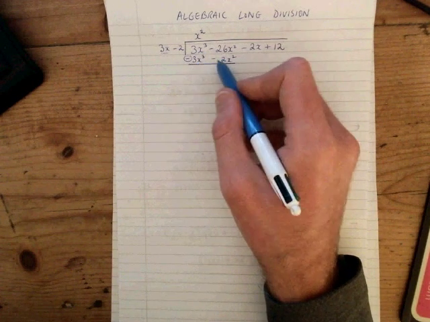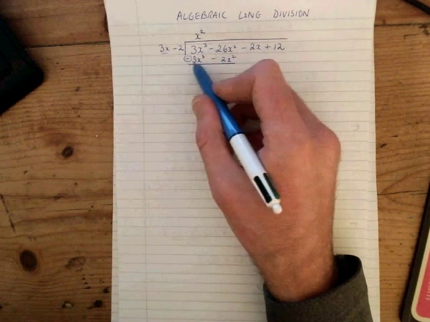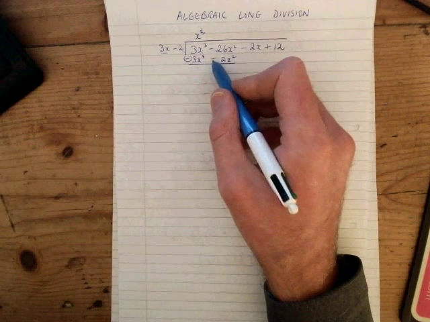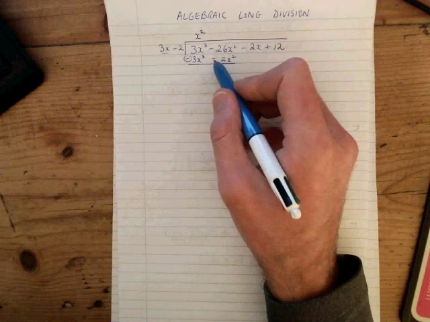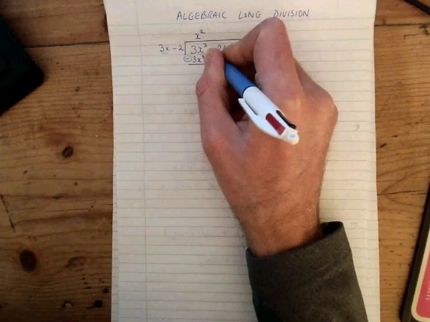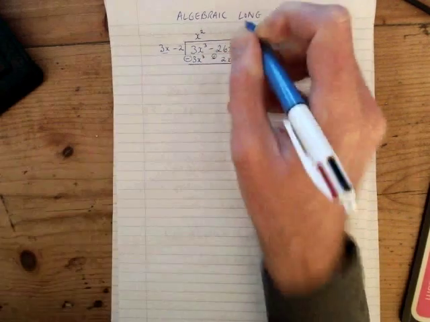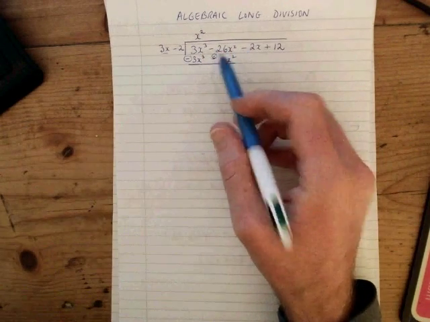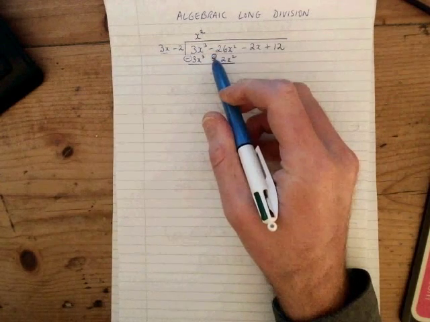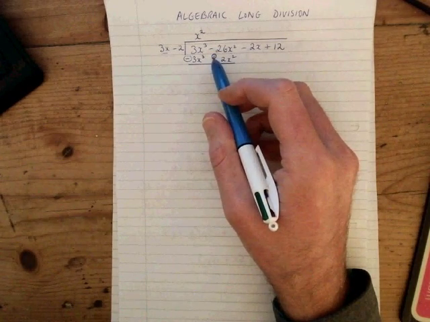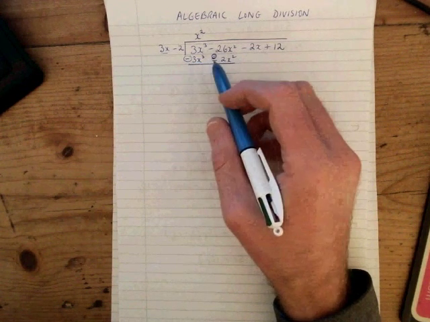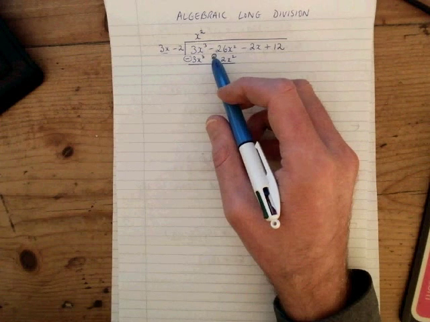But we have to do the same to both parts of this. If I take away minus 2x squared, minus minus would be a plus, so I'm going to put that plus there in a bracket, in a circle. It was originally a minus, and now we're changing it to a plus, because we're taking it away. When you take away a negative number, you're in fact adding it.